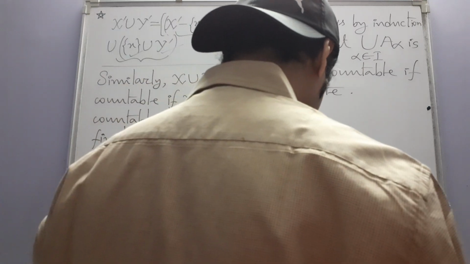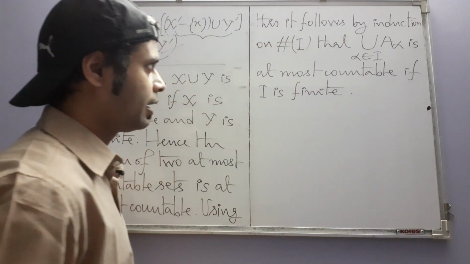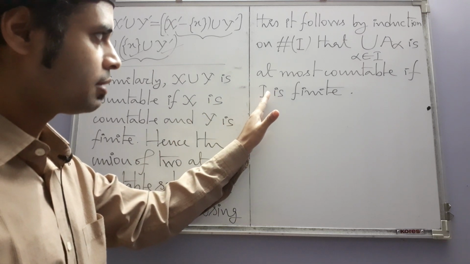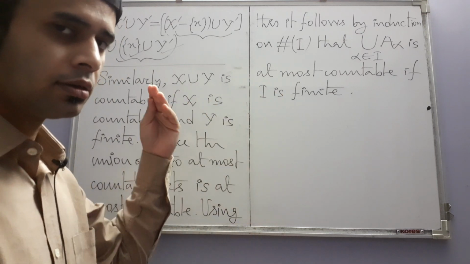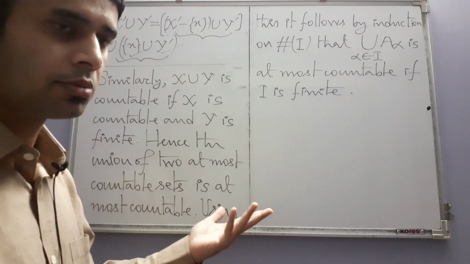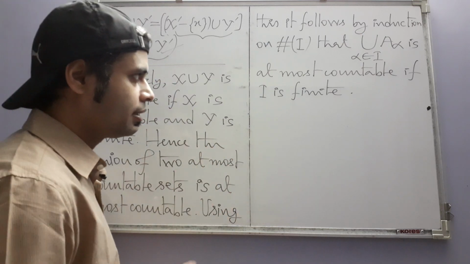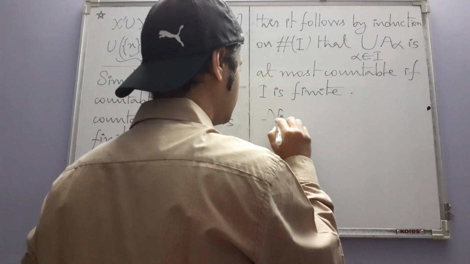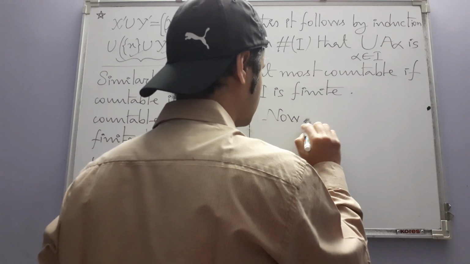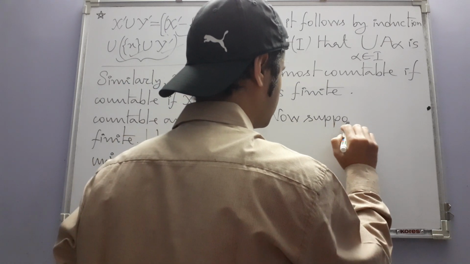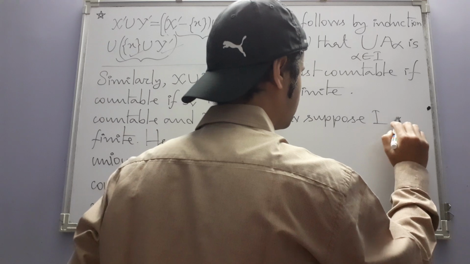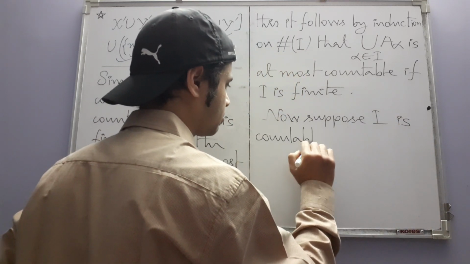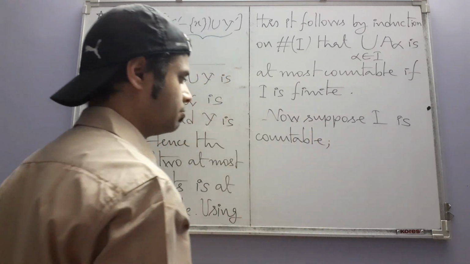Okay. Now we go to the case where I is infinite, but since it's given that I is at most countable, assuming that I is infinite simply means that I itself is countable. Now suppose I is countable.